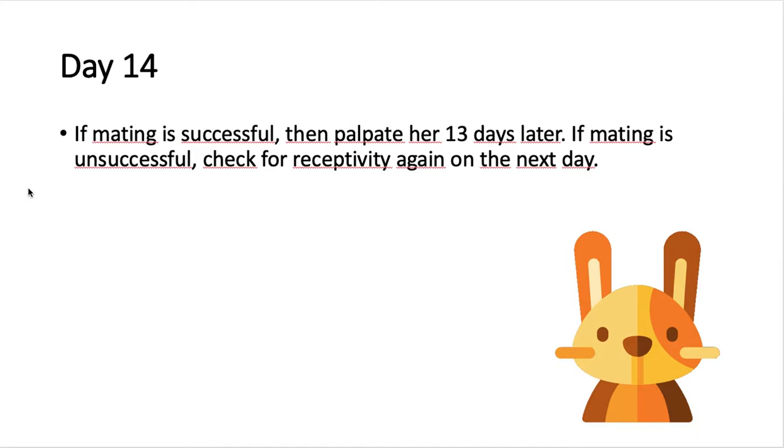If the mating is successful, then palpate the doe 13 days later. And if the mating is not successful, then you can just bring her back to the buck's cage, or bring the buck, and try the mating again.